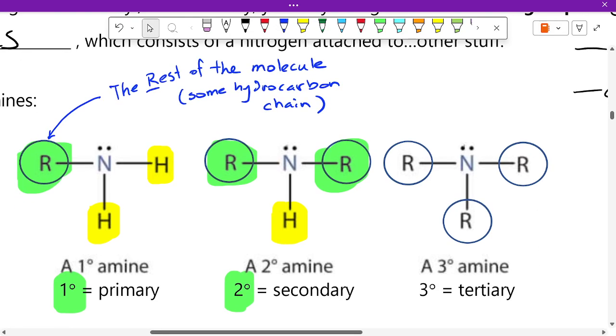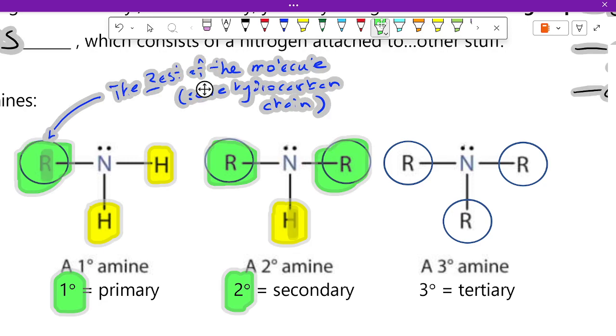Are you guys familiar with the little one with a 0, meaning primary? Protein folding, primary, secondary, tertiary, quaternary.